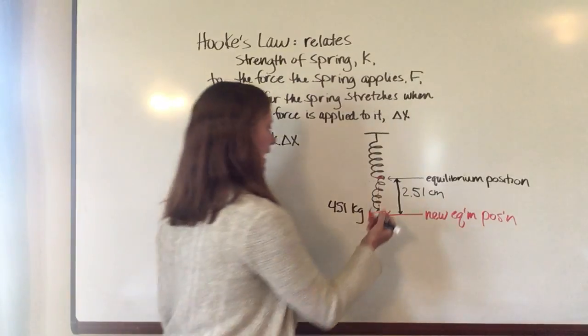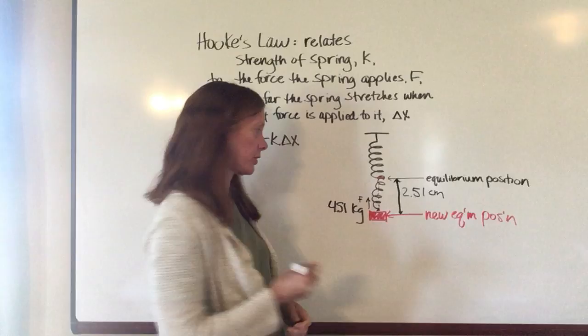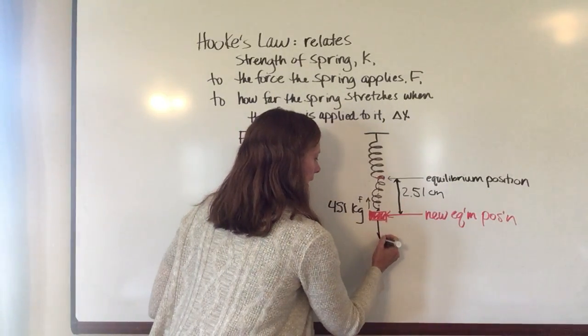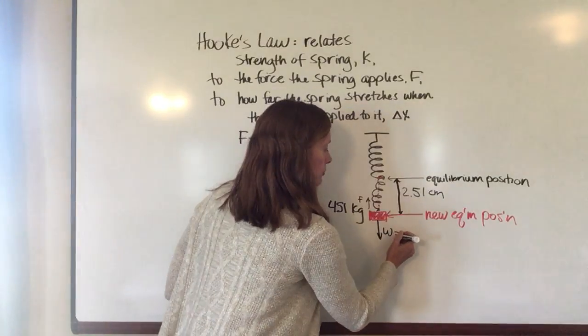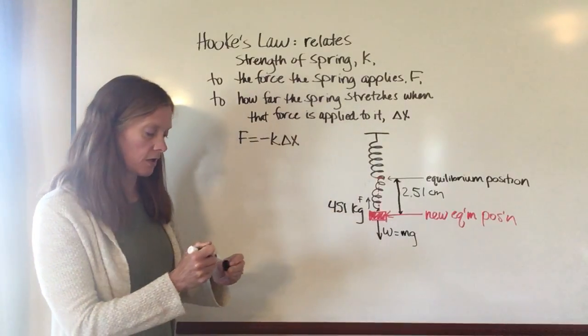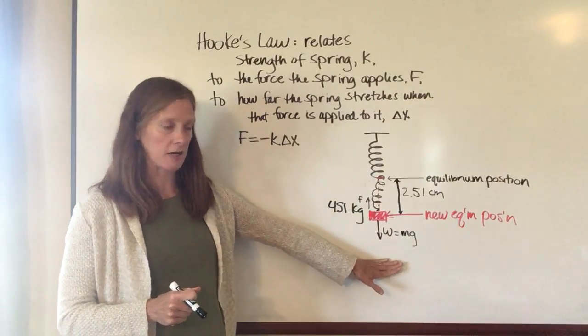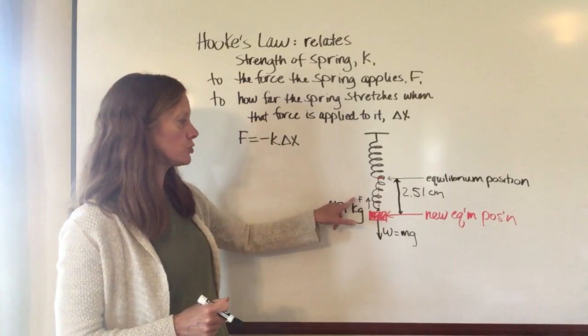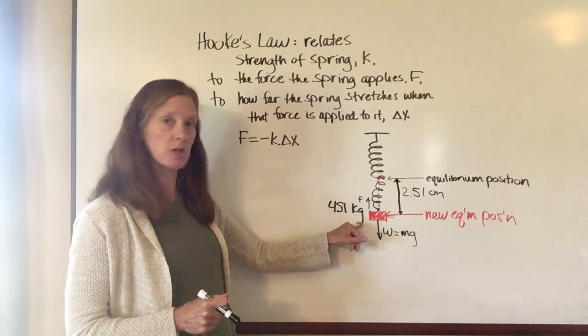So I have the force of the spring that is acting up, and I have a force acting down, which is the weight of the object. Remember, weight is equal to mass times gravity. So what that tells me, since this mass is not moving, is that the weight of the object is going to be equal in magnitude to the force being exerted by the spring at this particular point in time.